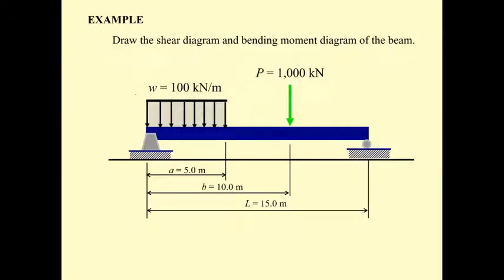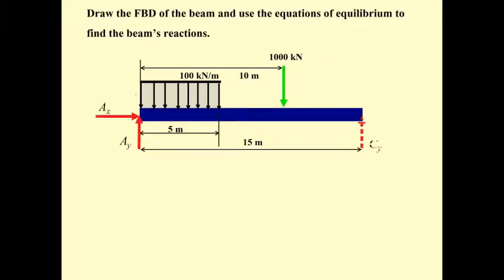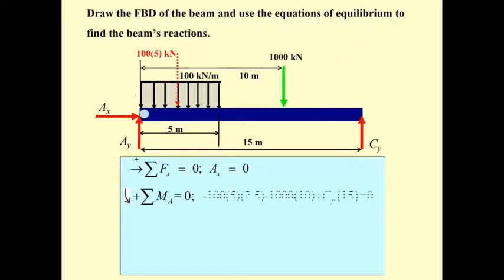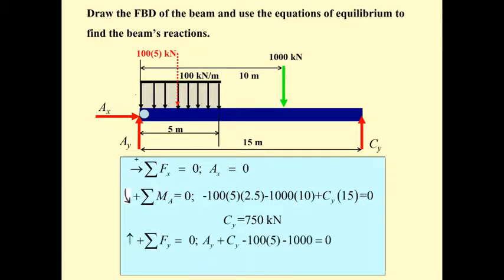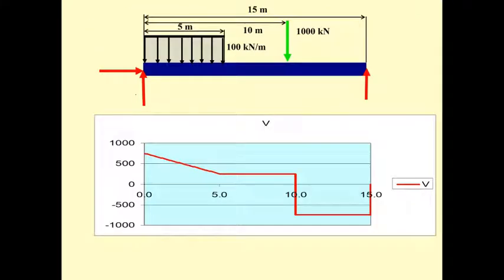Okay, let's come into this again, and let me go faster. We get the reaction of the beam already. The A sub y is 750, and the C sub y is also 750. And then when we come to this, this is 750, right?